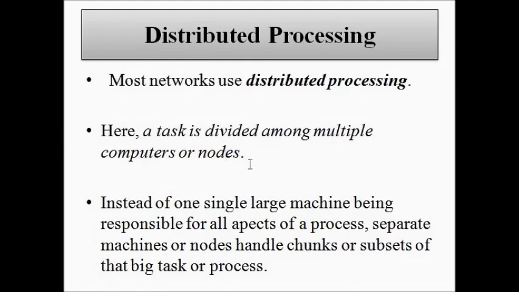Instead of one device or one large computer being given the task of doing a large number of things, that task is divided into smaller chunks, and each chunk of task is allotted to a separate smaller computer unit. That is what it means.